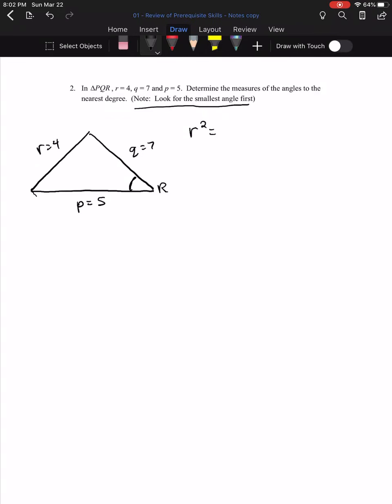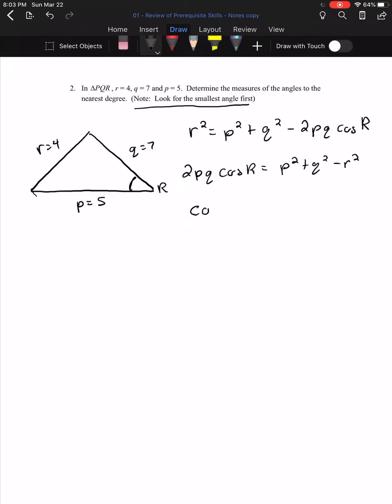r squared equals p squared plus q squared minus 2pq cosine big R. Most people memorize it that way. There's another version of this thing, and it just comes from rearranging this. 2pq cos r equals p squared plus q squared minus r squared. And all I've done is moved over the r squared to this side and the negative 2pq over to the left side.